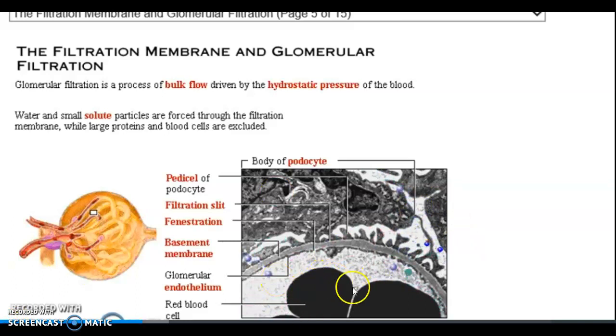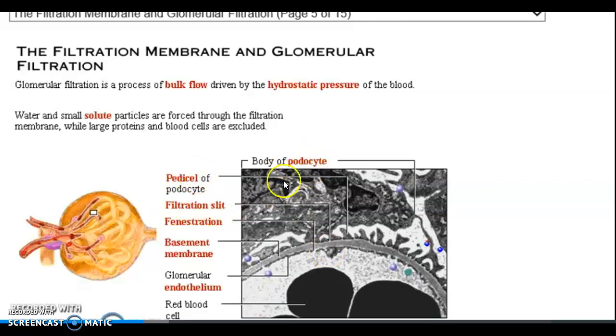Okay, so we see these large things being kept in, but we see the small things passing through the three things we just talked about: the glomerular endothelium with the fenestrations, the little holes within the endothelium, the basement membrane, and then finally the filtration slits, which are basically found where pedicels interdigitate from the podocytes, the cells.